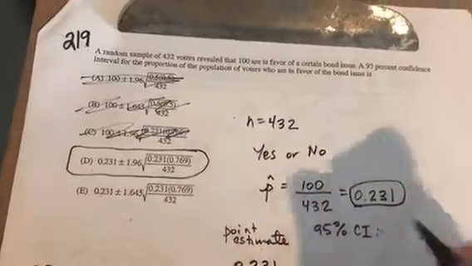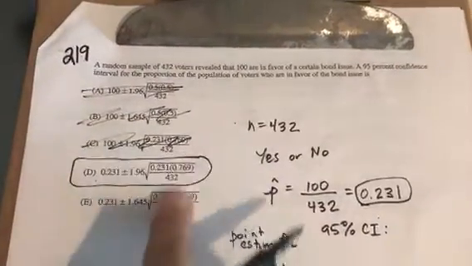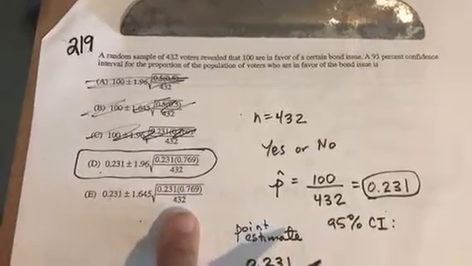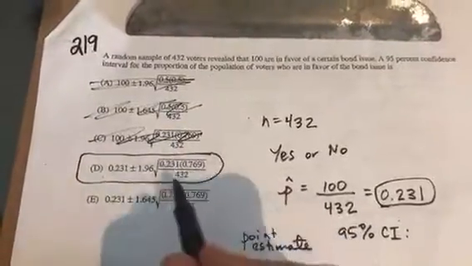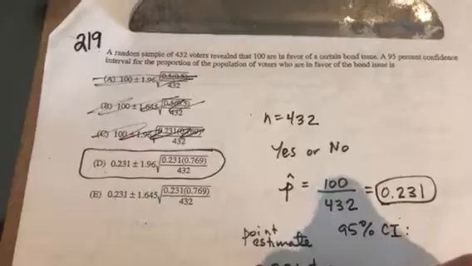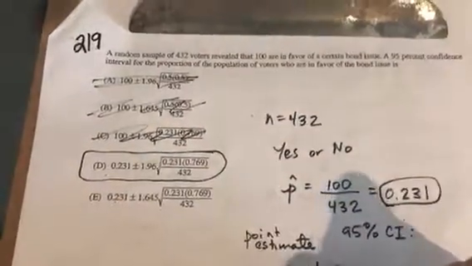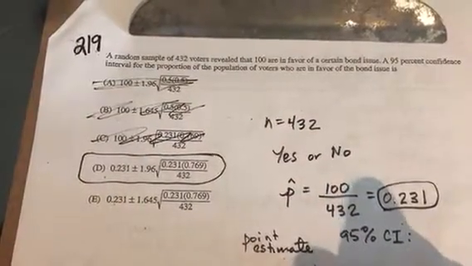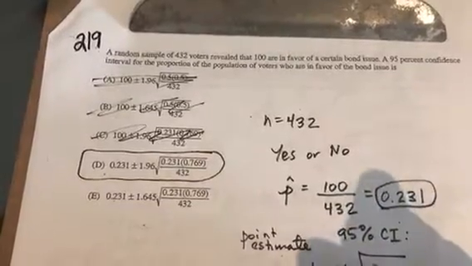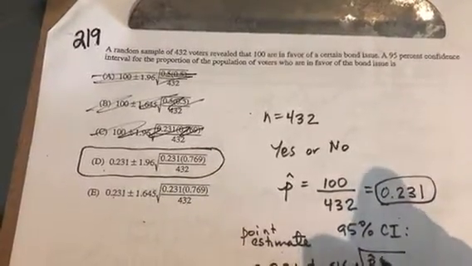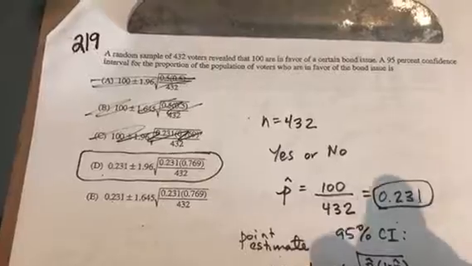If I calculated it by hand without the calculator, which would be the proper one? Looking at this, and again just using the formula, this is my margin of error, calculated by the critical value times the standard deviation of the statistic, which is the square root of p hat times 1 minus p hat over n.